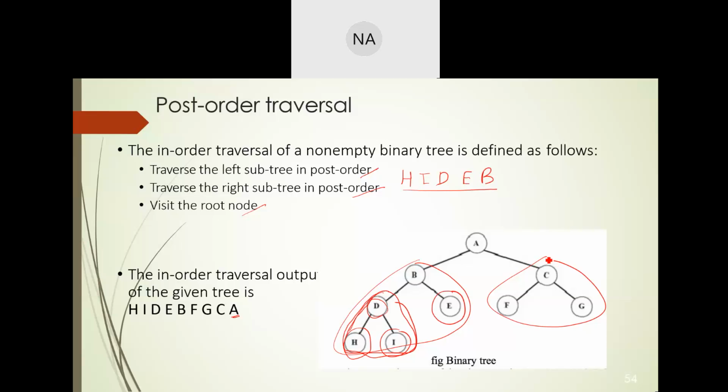Then you will traverse the right subtree of node A in post-order. Again we have a root node C of this subtree.